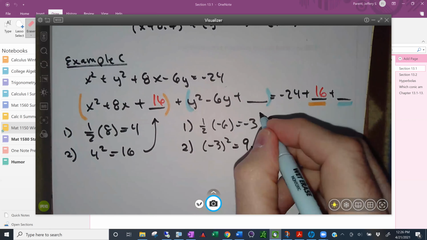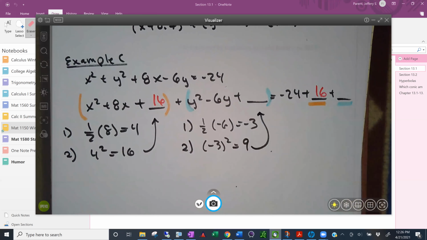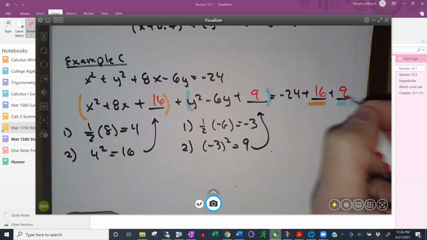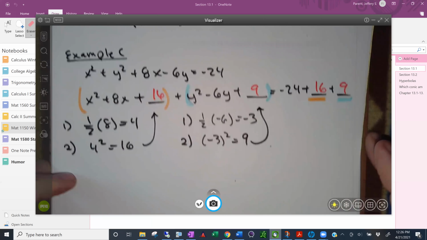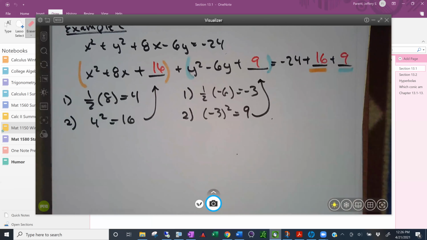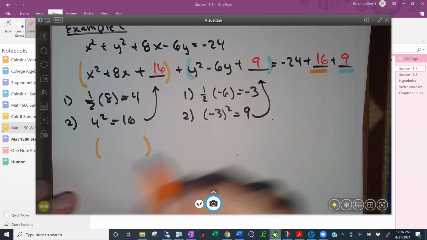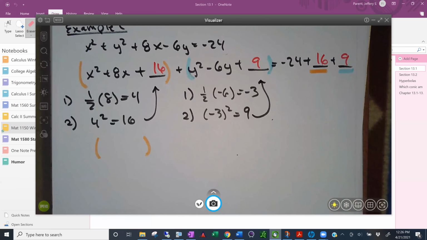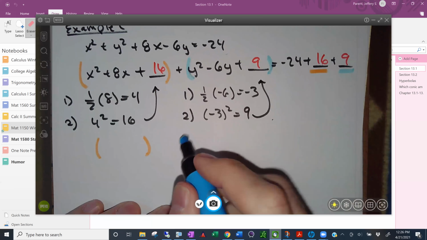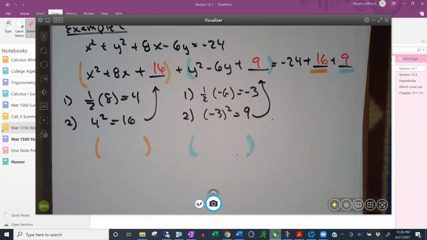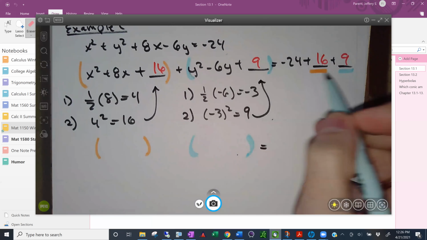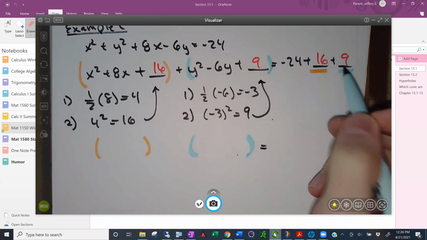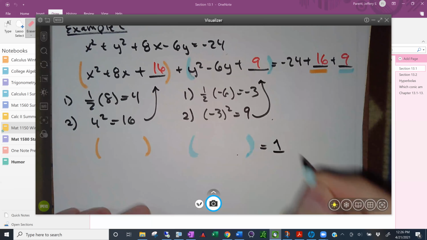So that +9 goes up here. Like that. So far, so good there. I'll take that as a yes. In fact, I'll be really helpful over here. I'll do the right-hand side for us. -24 plus 25 is going to be 1 for the right-hand side.